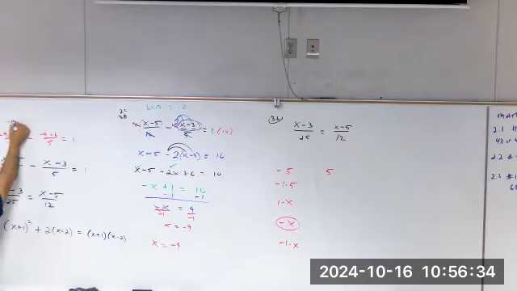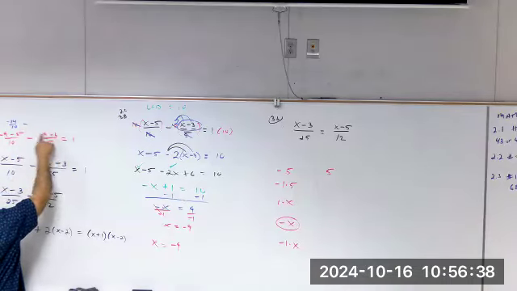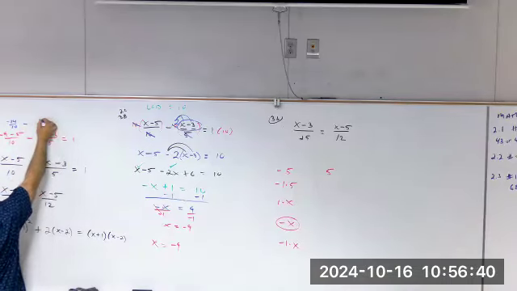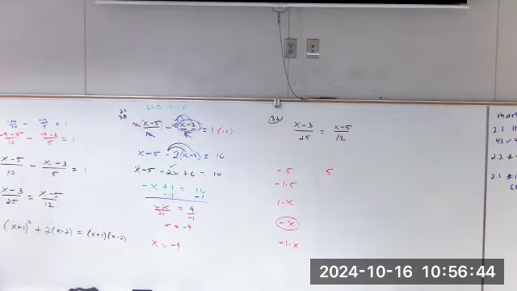So negative 14 over 10 minus negative 9 minus 3 is negative 12 over 5. It's supposed to make a 1. If I simplify this fraction, this is 2 times 7 over 2 times 5. So that reduces to negative 7 over 5.